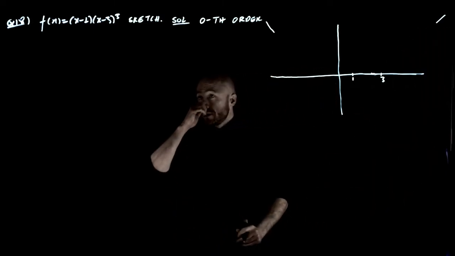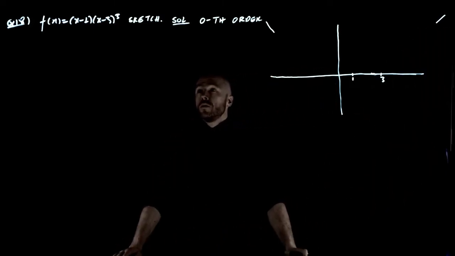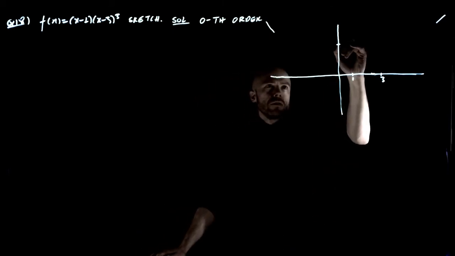All right, so it's 0 here. When x is equal to 0, we're going to have minus 1 times minus 3 to the power 3. Minus 3 to the 3 is minus 27, so we're going to have minus 27 times minus 1, so it's actually crossing around here.